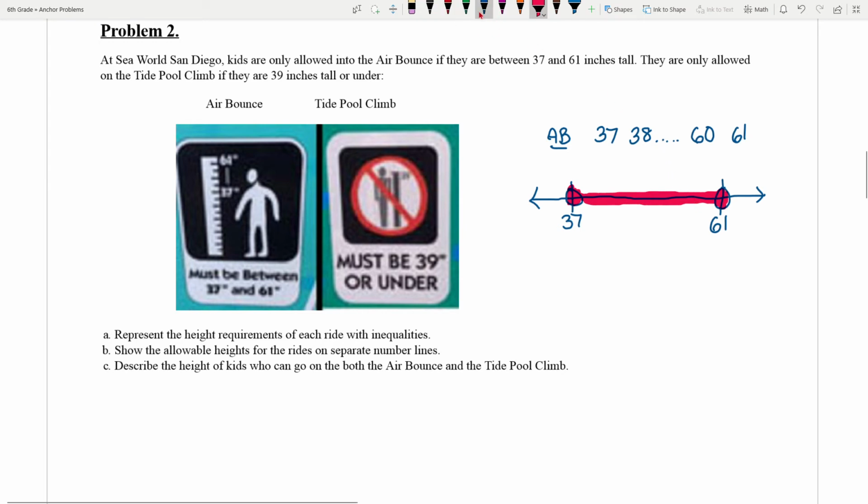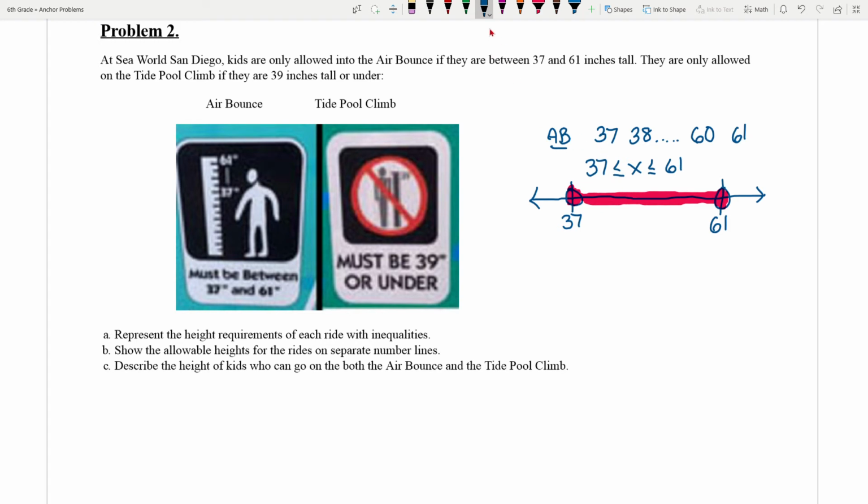Now this inequality is technically 37 less than or equal to x, so x is greater than or equal to 37, but x is less than or equal to 61. So it's called a compound inequality.